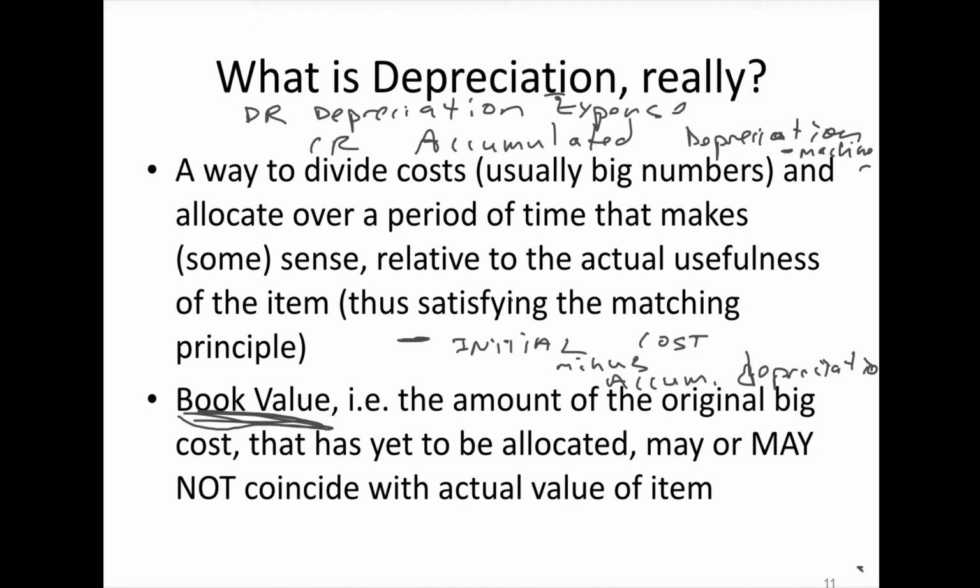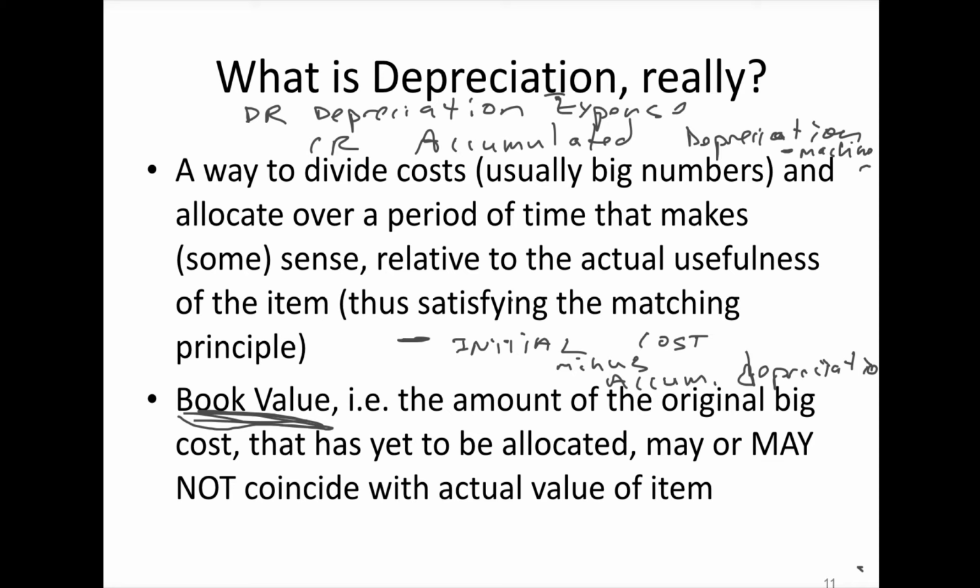Okay? But when we get rid of stuff, assets, plant, equipment, etc., if you sell an asset for $10,000, you would look at your book value and you'd say, okay, how much of the initial cost did I still need to allocate as an expense? What is its book value? Okay?